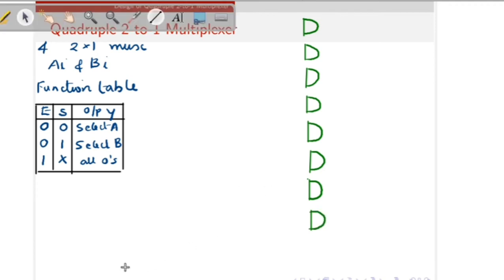All the AND gates receive the enable input. So first we draw the enable input. Here we have an inverter that complements the enable input, and it is given to all the AND gates.